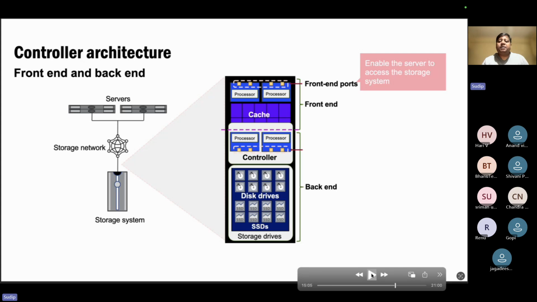These are nothing but the network ports that allow the storage system to get connected to the external world. These ports can be Ethernet ports, or fiber optic ports.